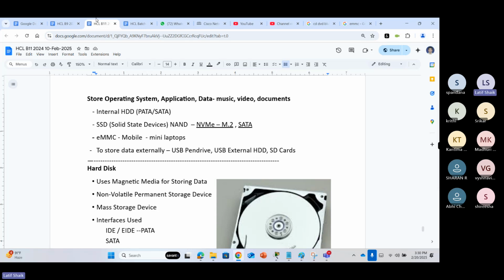To store data externally, not in your system, separately, you can use USB pen drives, USB external hard disks, and SD cards. These are the different devices.